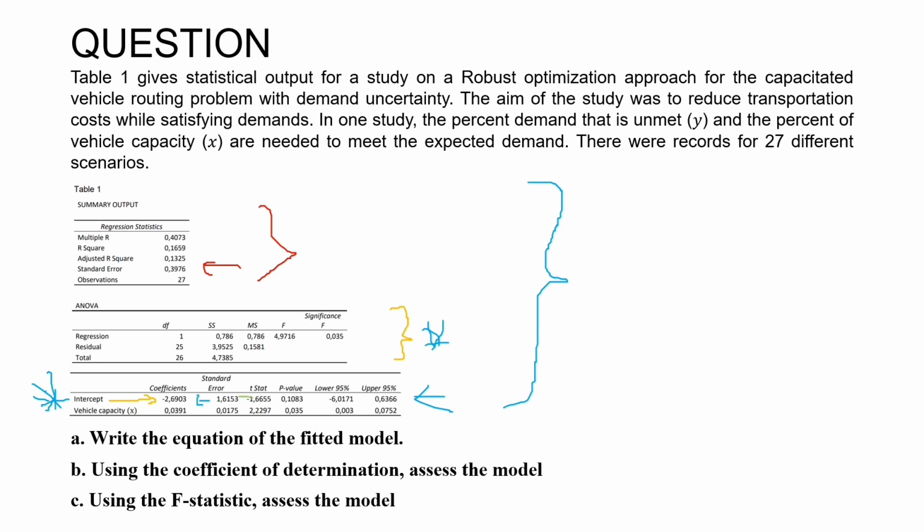The t-stat was found to be minus 1.66 for our intercept coefficient, the first row, and it evaluates the significance of the coefficient by comparing it to its standard error. Since it is minus 1.66, we can say that it suggests there may not be a significant relationship between the intercept coefficient and the dependent variable.